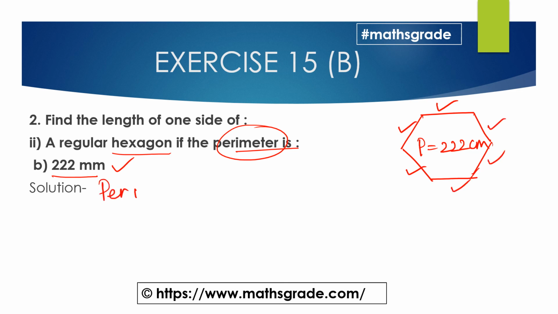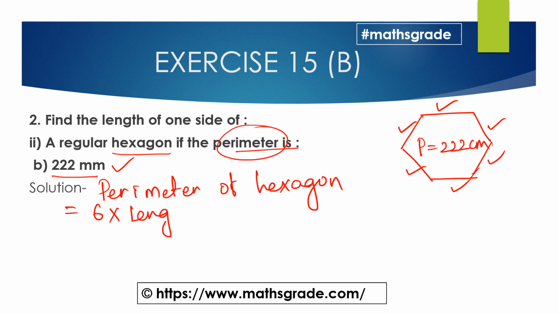We know perimeter of the hexagon is 6 multiplied with length of one side, which is equal to 222 millimeter.